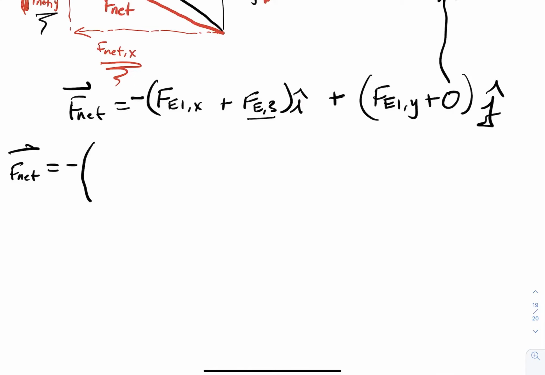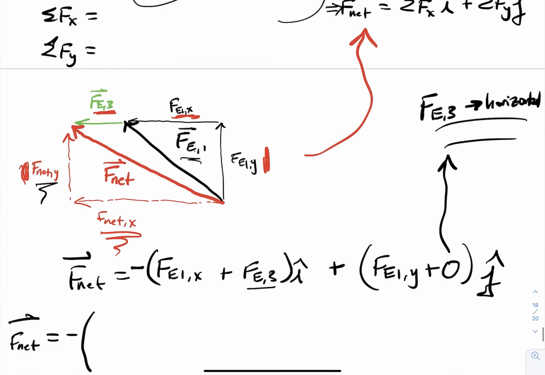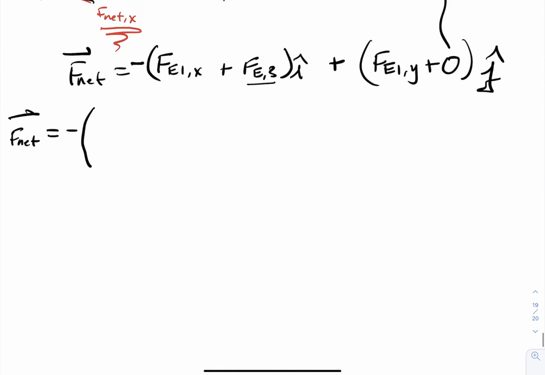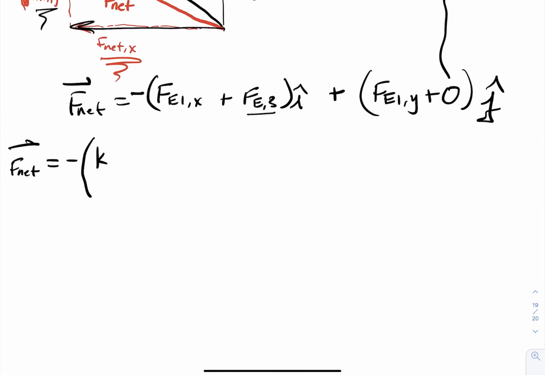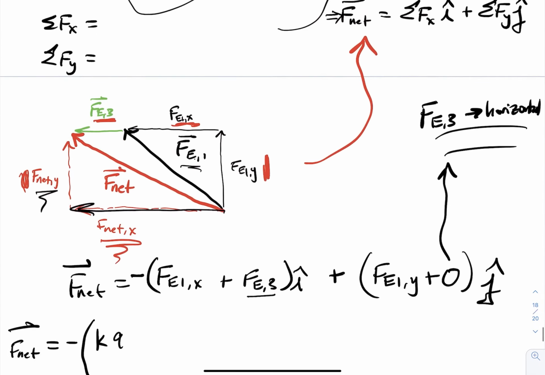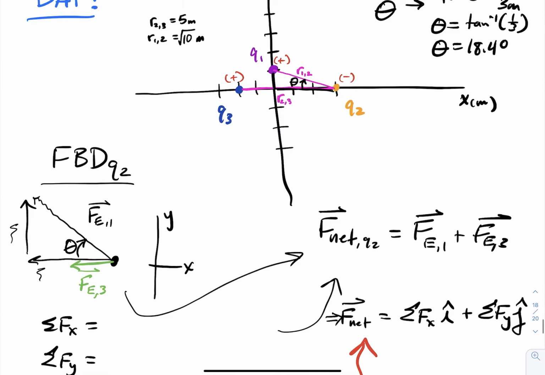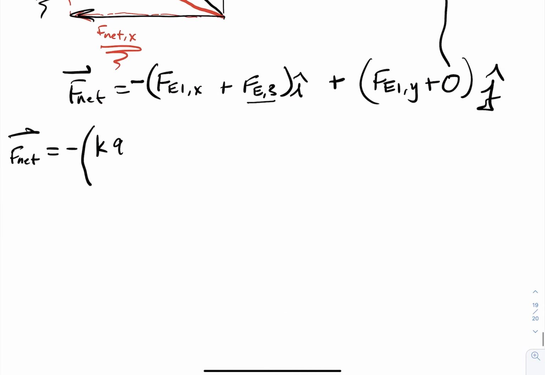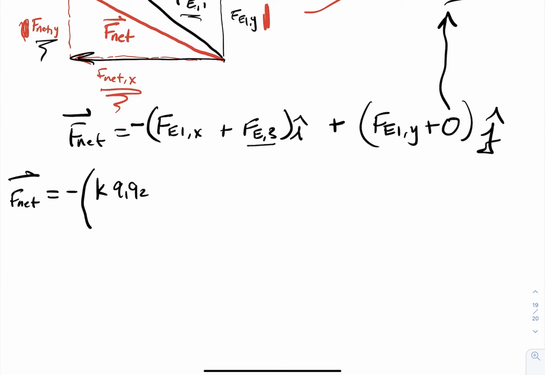So we have negative in front because we know these are going to be in the negative x direction in the end. So we have k. And k is actually going to be in both of those terms. I'm going to write everything out and then simplify. So we have k. Fe1 would be the force between 1 and 2. So we have Q1 and Q2 over R12 squared.